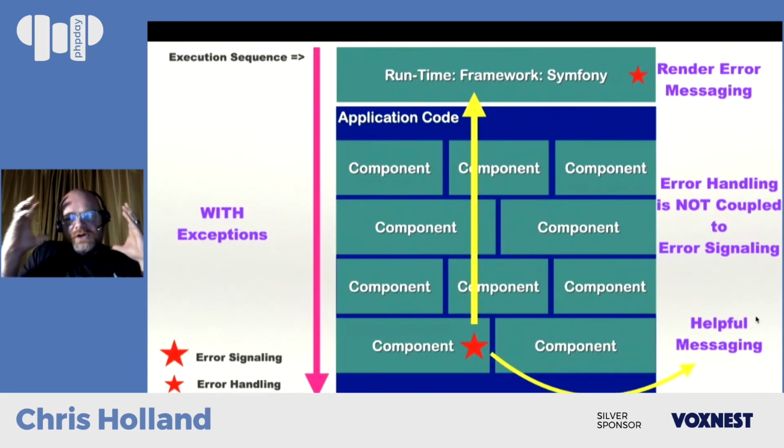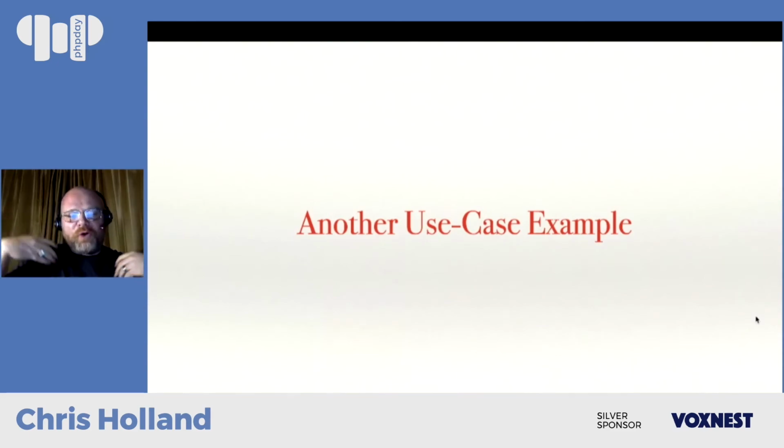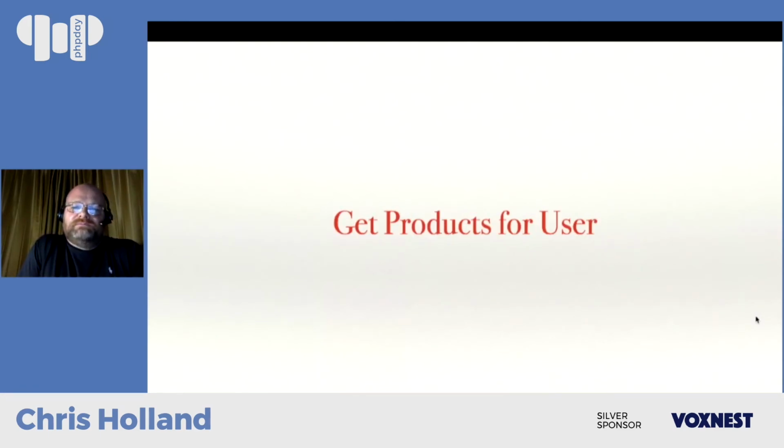I'd like you to keep this concept in mind as we look at another, more concrete use case example. Let's say you are building a RESTful API with an endpoint that says get products for user. It could be API v1 /product /user 1.